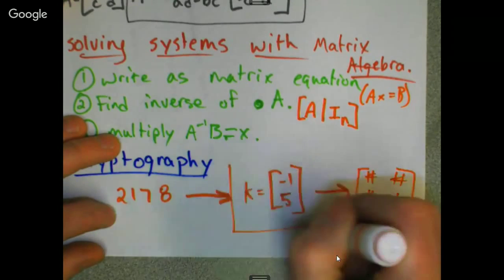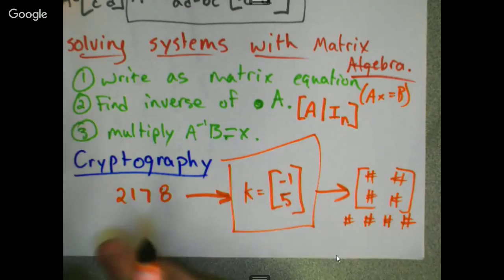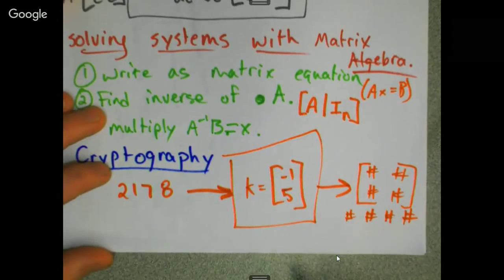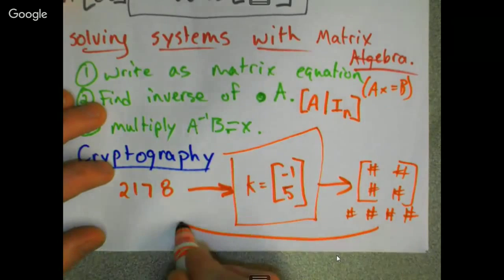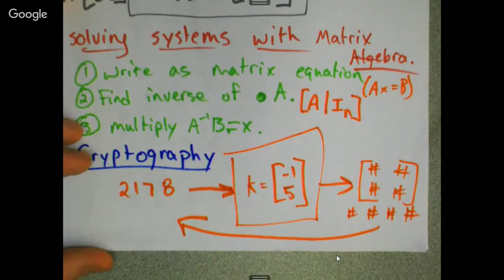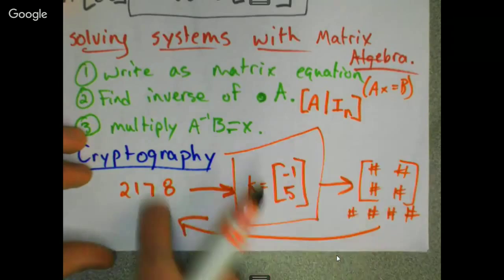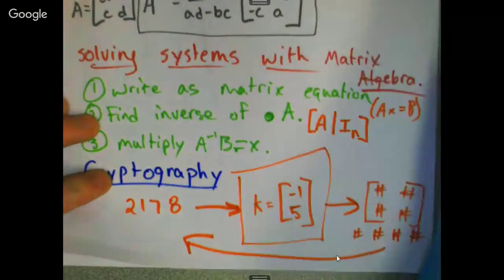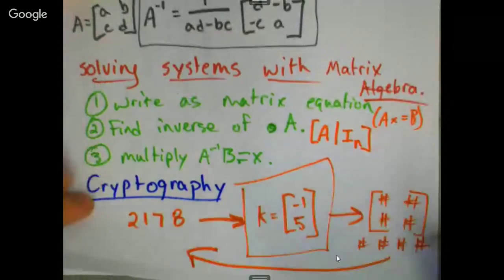The receiver already has the key, handed to them separately or in person or something like that. And then they have to decode it going the reverse direction. So we're going to spend a lot of time on cryptography with matrices. This is not the only way cryptography works, but it's the one we're going to talk about.